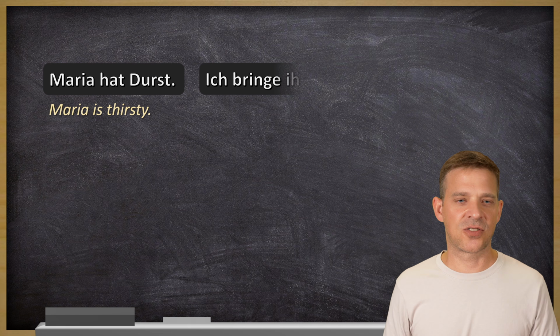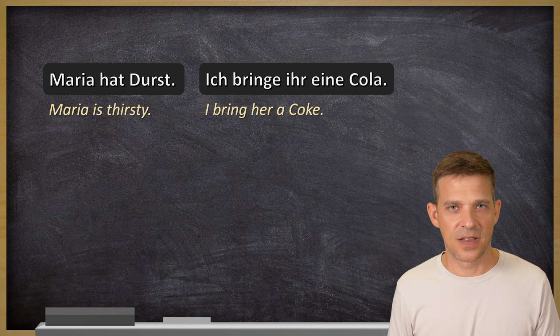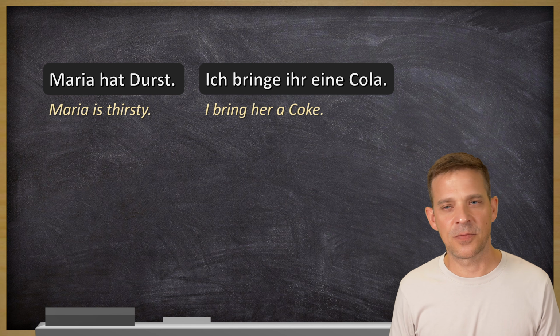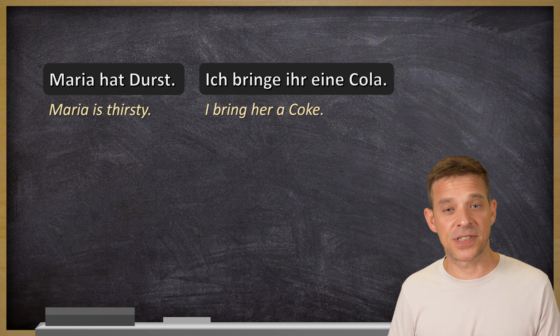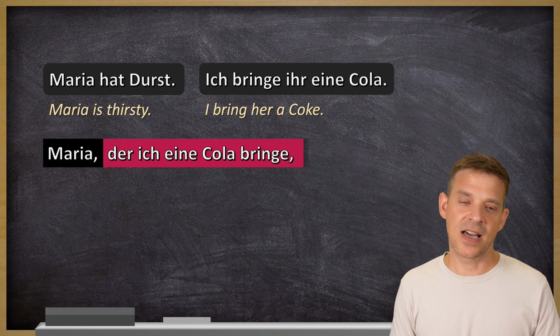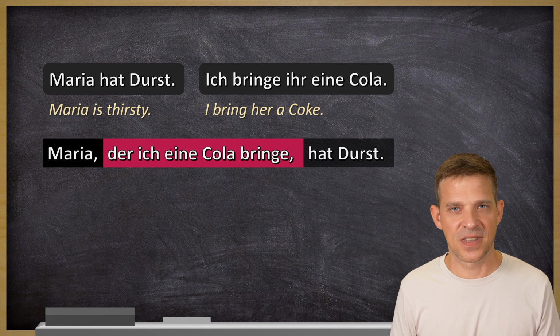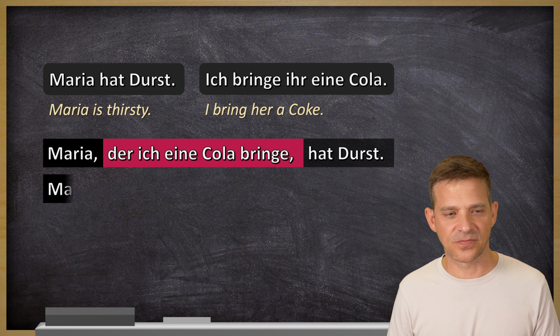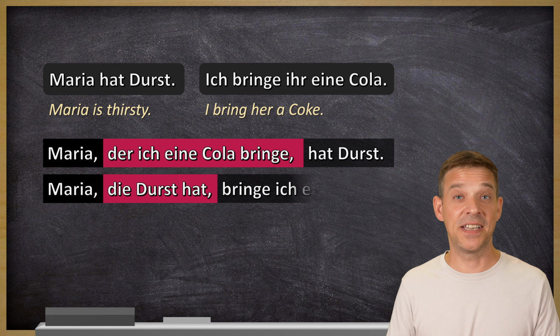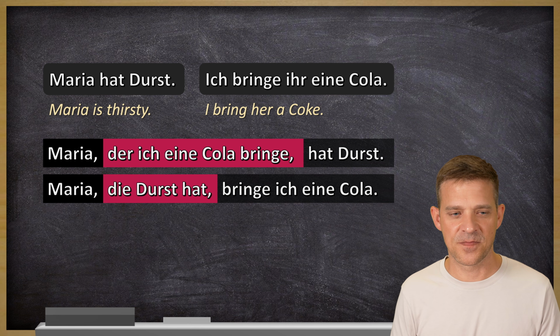Und Maria hat Durst. Ich bringe ihr eine Cola. Maria is thirsty. I bring her a Coke. Could be: Maria, der ich eine Cola bringe, hat Durst. Oder: Maria, die Durst hat, bringe ich eine Cola.